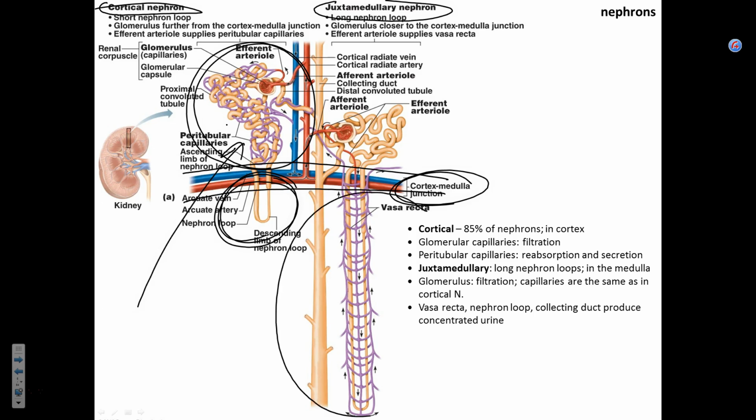Now, juxtamedullary nephron. Now, what does the part juxta means? When you say something is juxtaposed to something else. They're next to each other, yeah. Juxtaposed means next to each other. So juxtamedullary means very close to medulla.